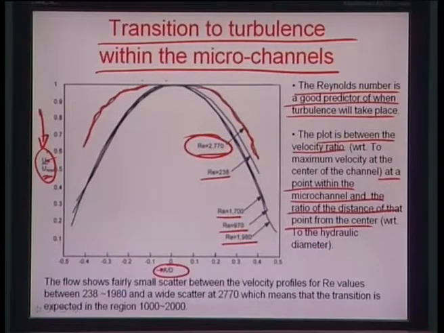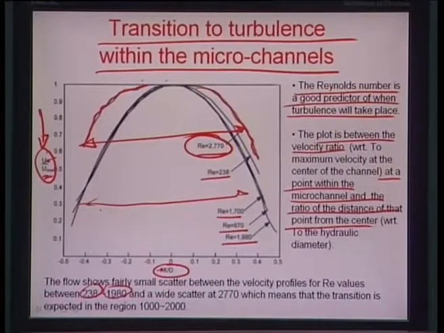This scatter can also be represented by the span of the inverted parabola, and the span is much more in this case as compared to the low Reynolds number cases from 238 to almost 1980, where the scatter is not that high, which also shows that probably at 2770, or between 2770 and 1980, there is definitely a transition into the turbulent zone.